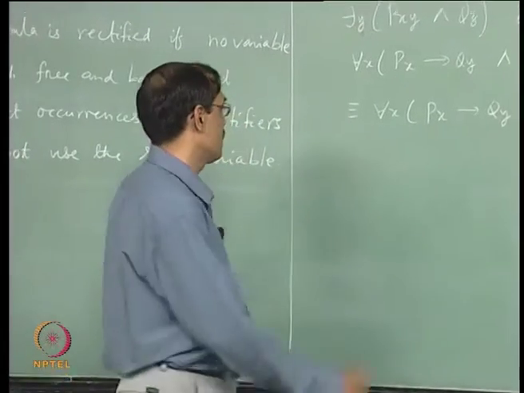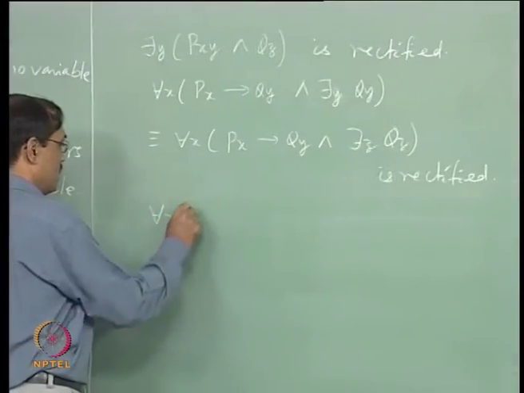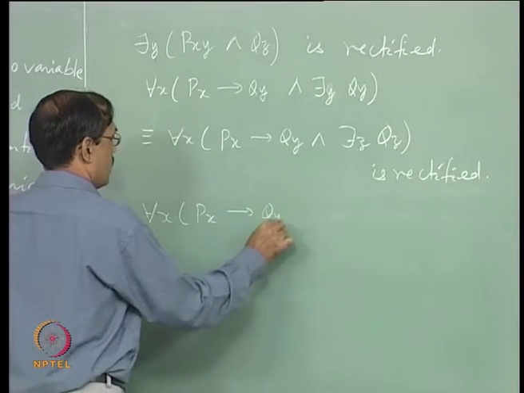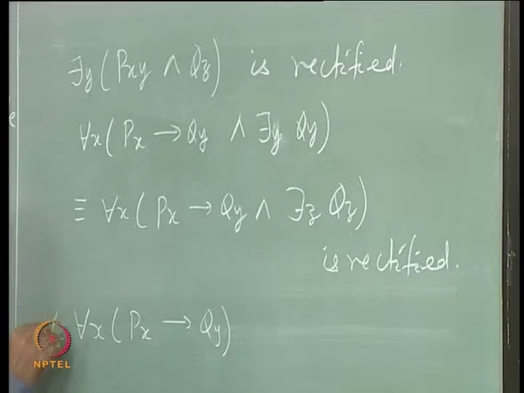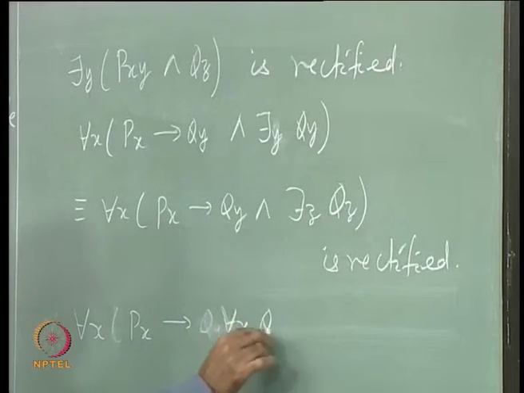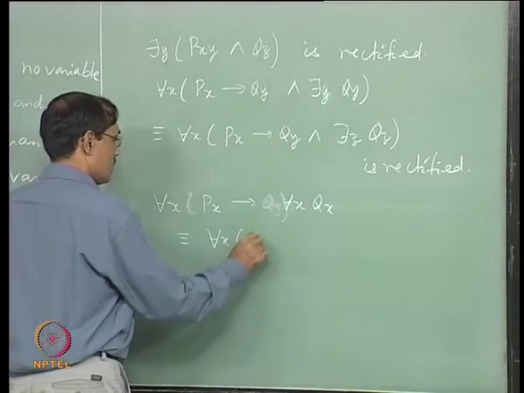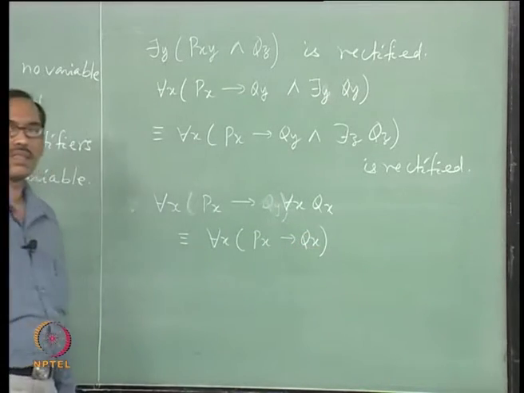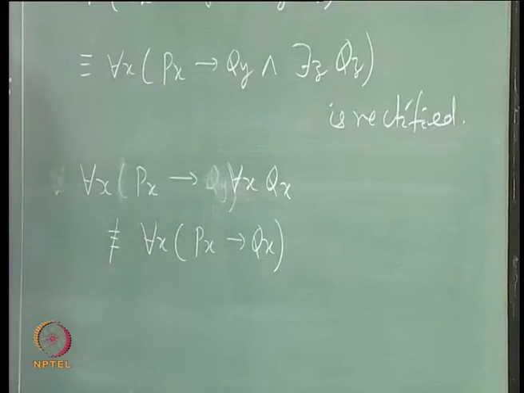Like you have seen, for example, for each x p x implies q x. Now, this is not equivalent to for each x p x implies for each x q x.